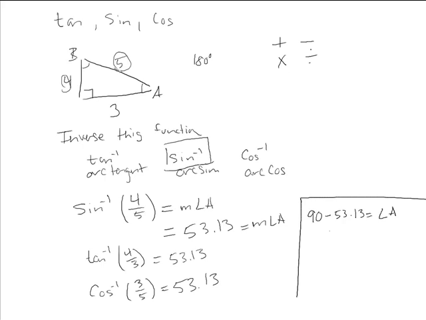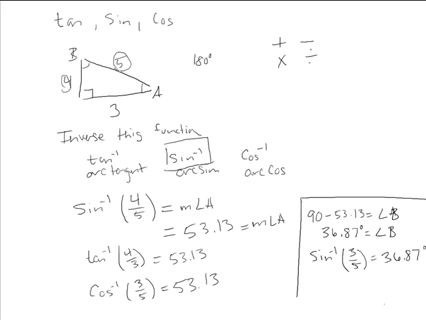So 36.87 degrees is equal to, sorry, that's angle B. All right, and this would be the same number that you would get if you put into your calculator inverse sine of, remember that whenever we change angles, we change opposite and adjacent. So this would be inverse sine of 3 over 5.